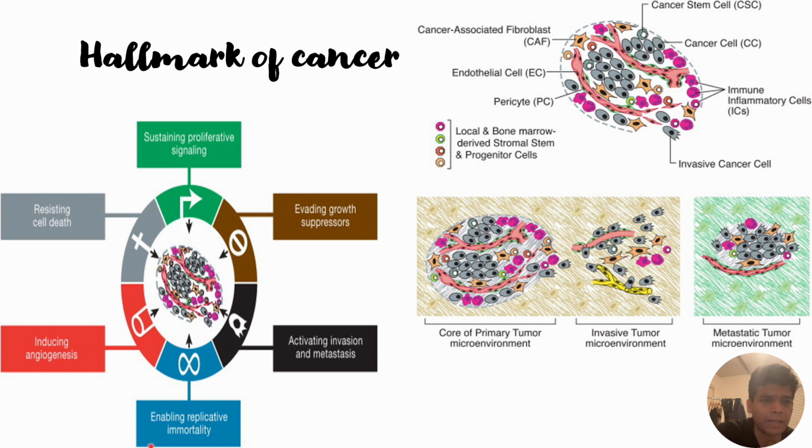Next part is enabling replicative immortality. This somehow means that the tumor cells acquire a property such as the physical barrier that is provided by the glycocalyx.